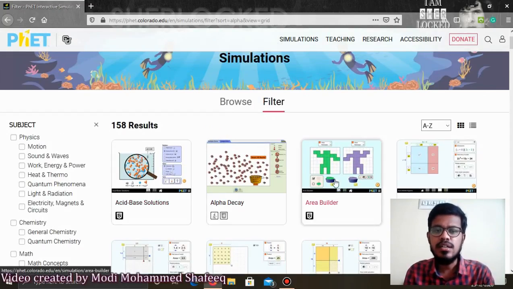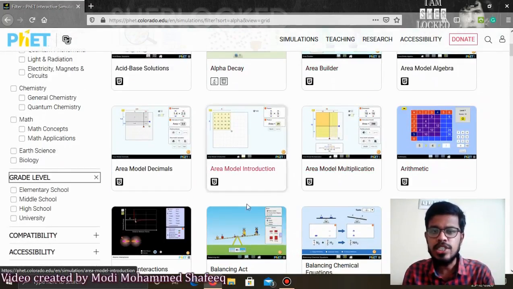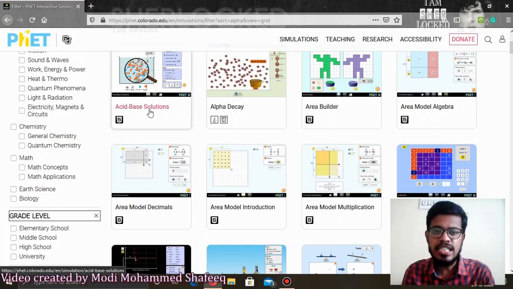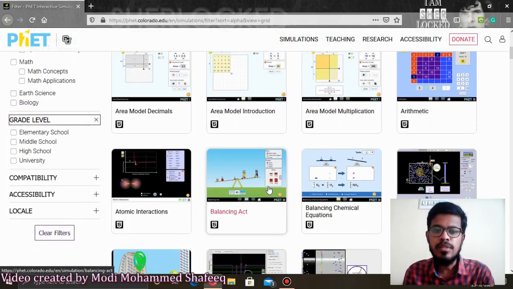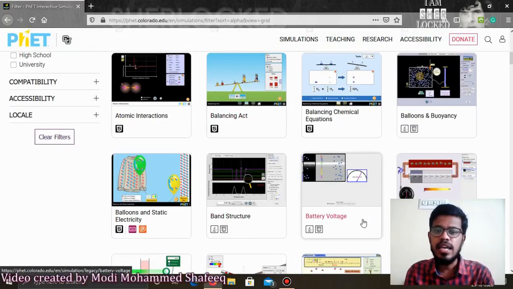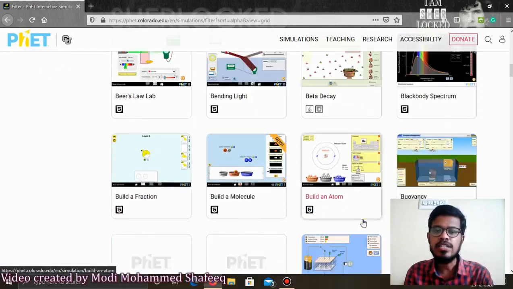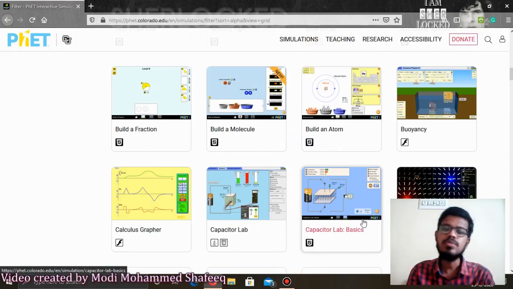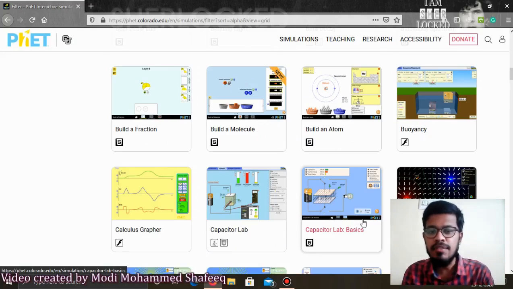Now you can see so many topics and simulations being shown here, like acid base solutions, alpha decay, area model introduction, balancing act, static electricity, battery voltage. Some of the simulations which we can do in real life, for that also they have designed an application.